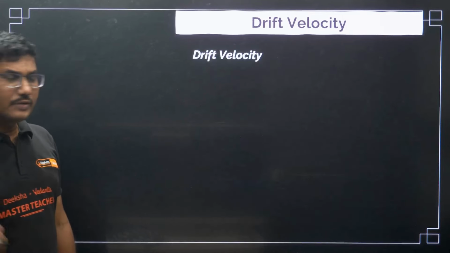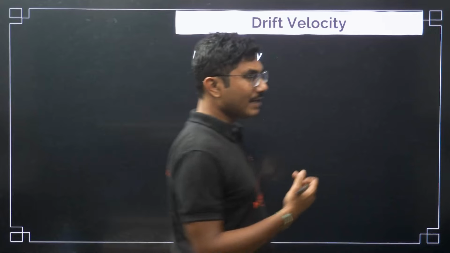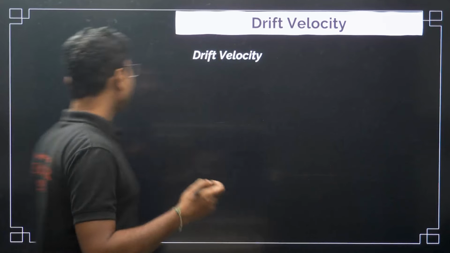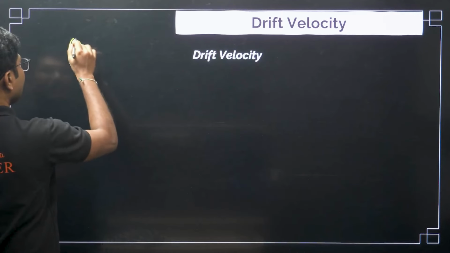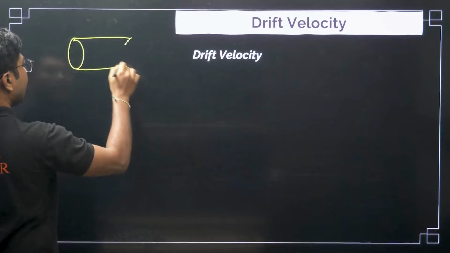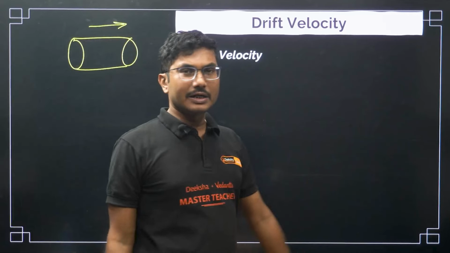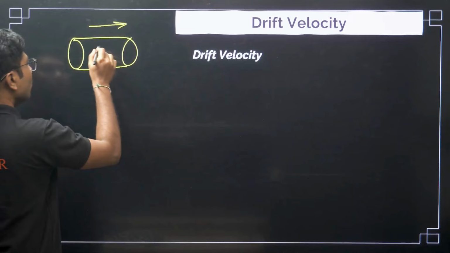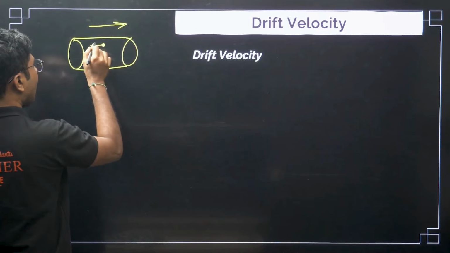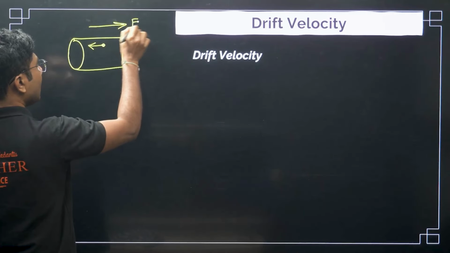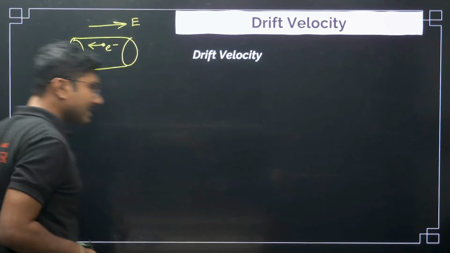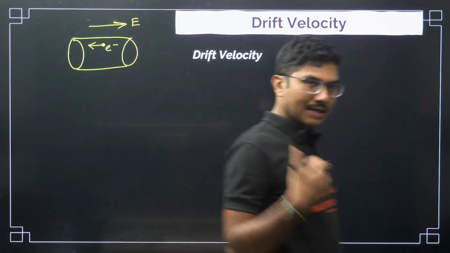Now drift velocity. We said that when a conductor is kept in an electric field, or if you apply an electric field across a conductor, the electrons start to move opposite to the applied electric field. They are still moving in a random motion.